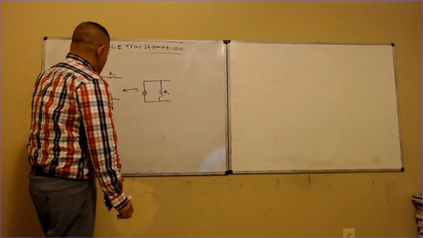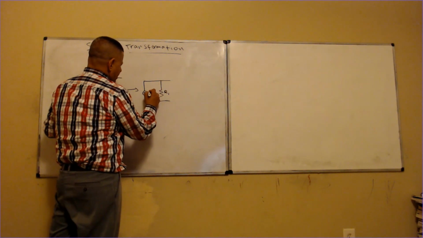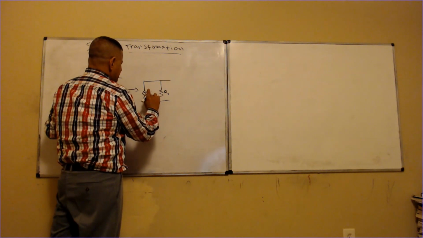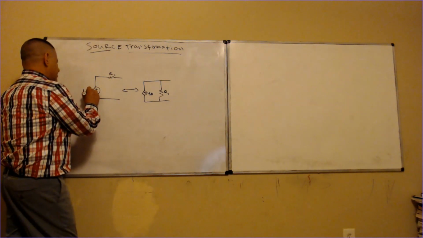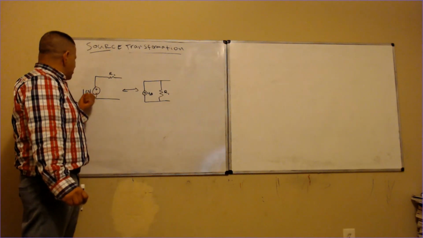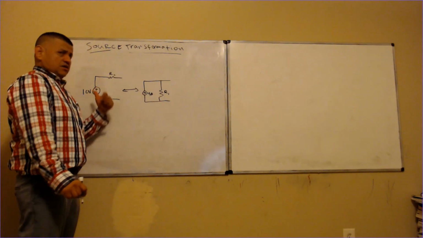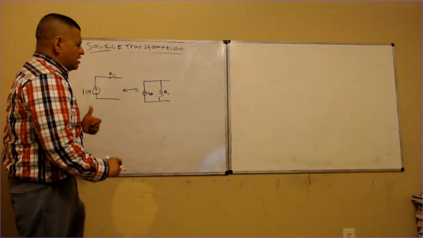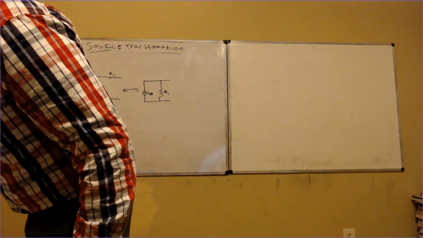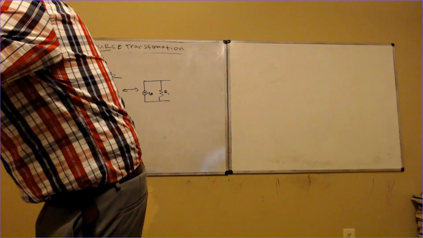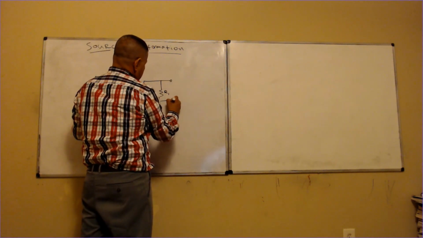So in other words, let's say for example, this is 4 amps, and this is 12 volts or 10 volts, whatever. So you have a source transformation. You went from here to here, and you can go from here to here. So either way, this statement is valid.